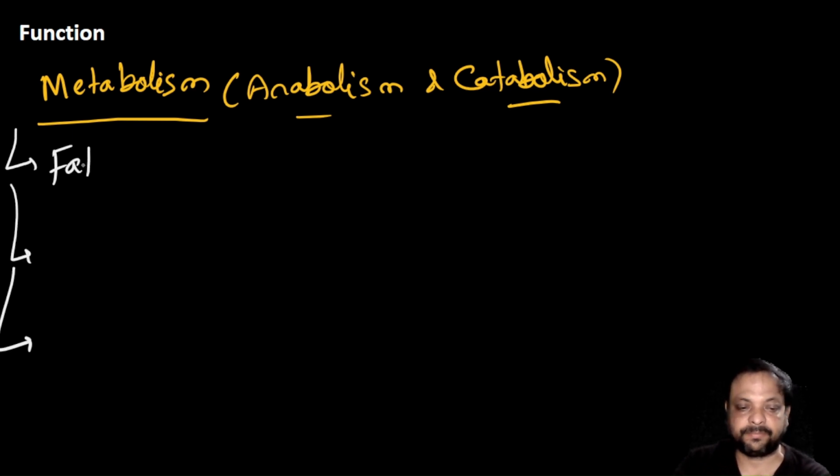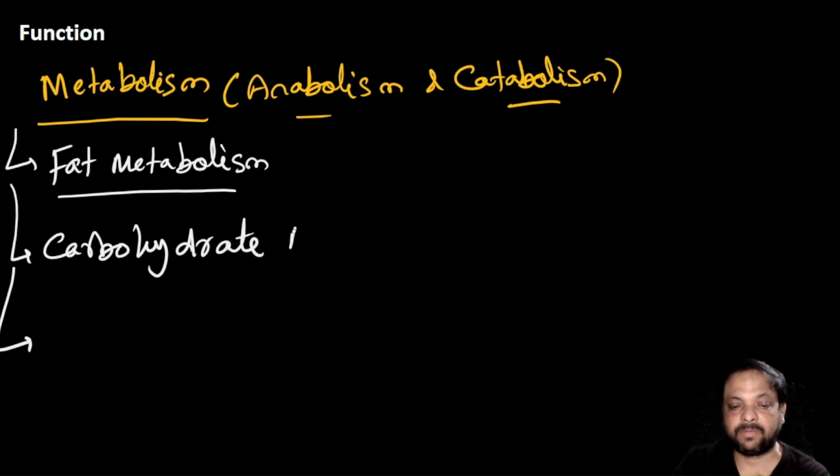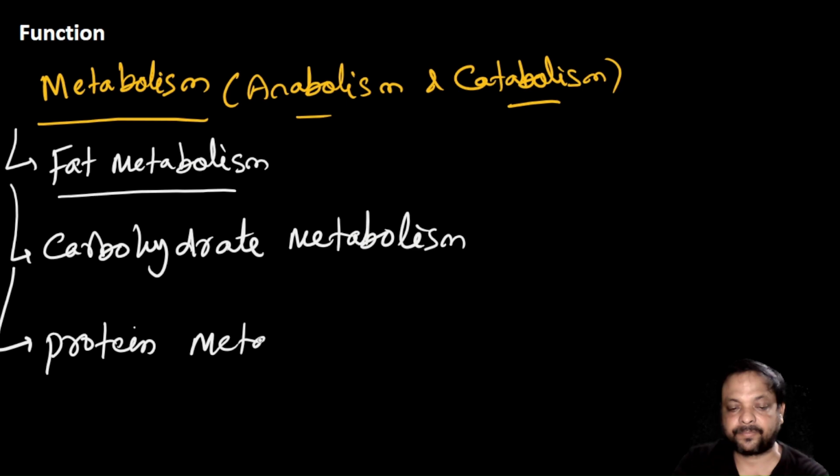That is fat metabolism, carbohydrate metabolism, and also protein metabolism. Got it clear? So fat metabolism, carbohydrate metabolism, and protein metabolism, all the metabolism is done by this particular hormone.